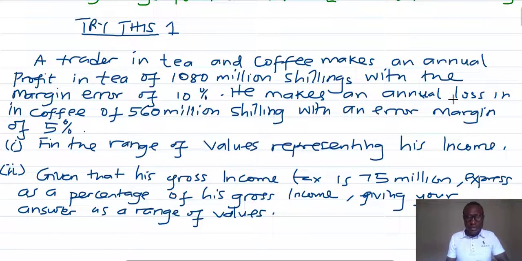He makes an annual loss in coffee of 560 million shillings with an error of 5%. Then they need us to find the range of values representing his income. Given that his gross income tax is 75 million, express it as a percentage of his gross income, giving your answer as a range of values.